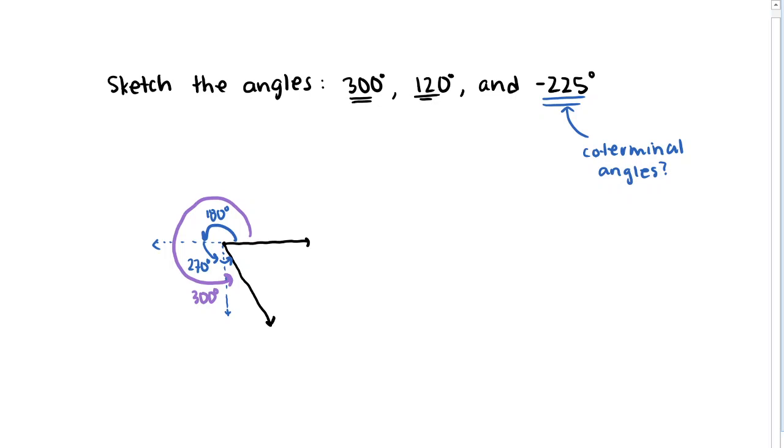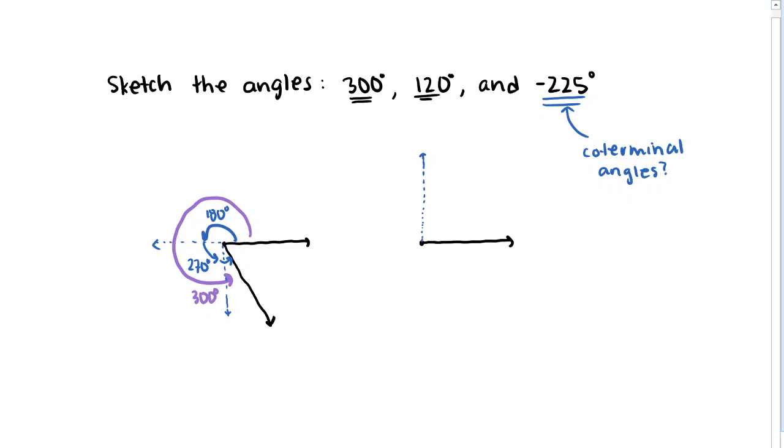Okay, and then 120 degrees, we already drew this picture out, but it doesn't hurt to do it again. In the same vein, there's two different ways to think about it. We can think of it as 2/3 of 180 like we did in the past, or two sets of 60 degrees. Another way is to think of it as 90, a right angle, tacked on with another 30 degrees.